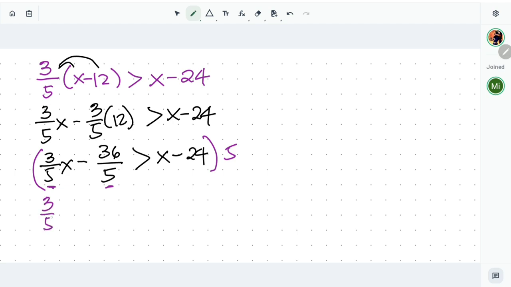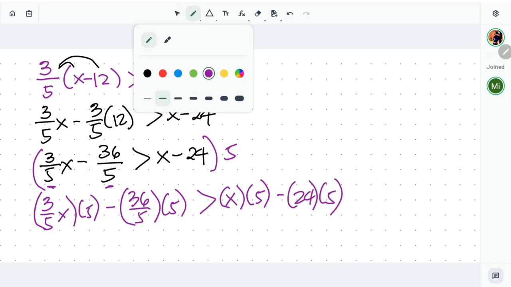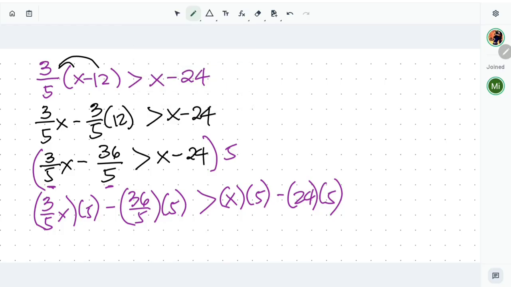So this is 3/5 x times 5. I will just do it like this so it won't be confusing for you. 36 over 5 times 5 greater than x times 5 minus 24 times 5. Alright? Then the 5 cancels out.